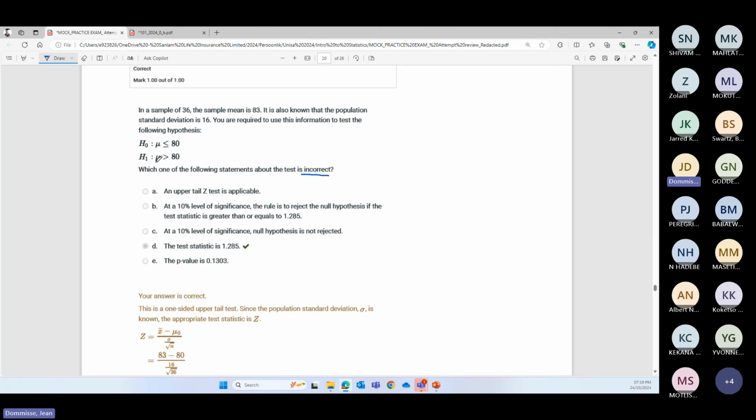So last night I remember we said we needed to look for the correct one, and under the correct one there was an upper tail t-test. So again, here the population standard deviation is known. So we're working with a Z, but they're asking for the incorrect one.